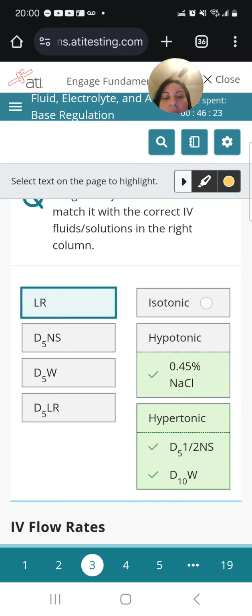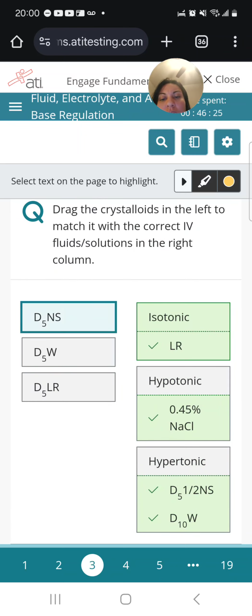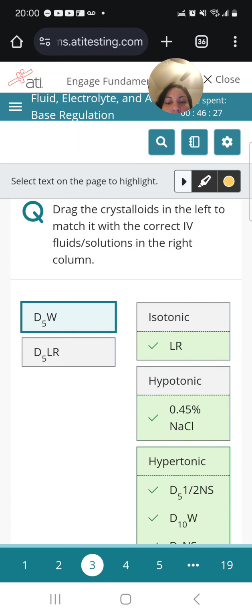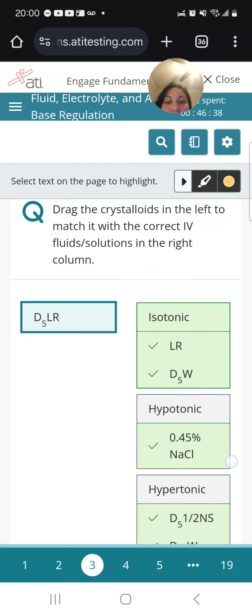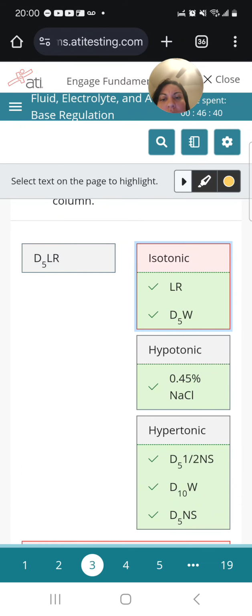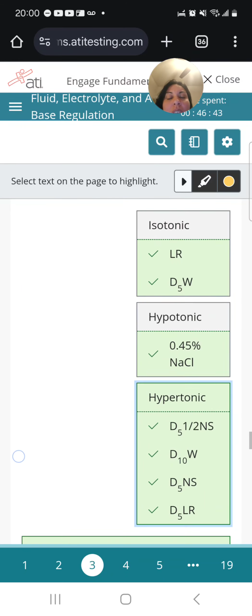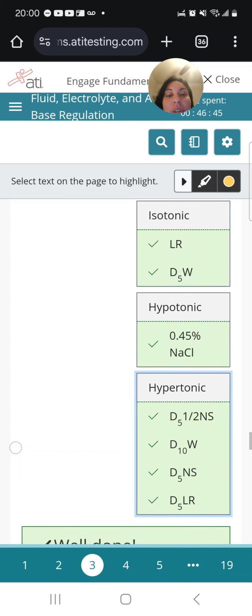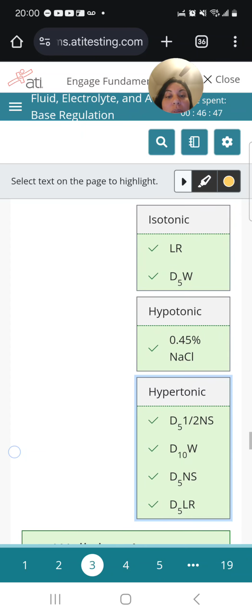This is isotonic. D5W, would that be isotonic? Okay. So isotonic would be lactated Ringer's or D5W.